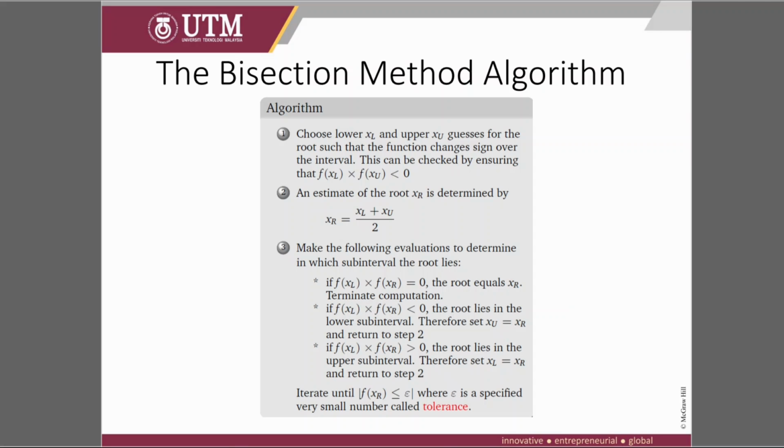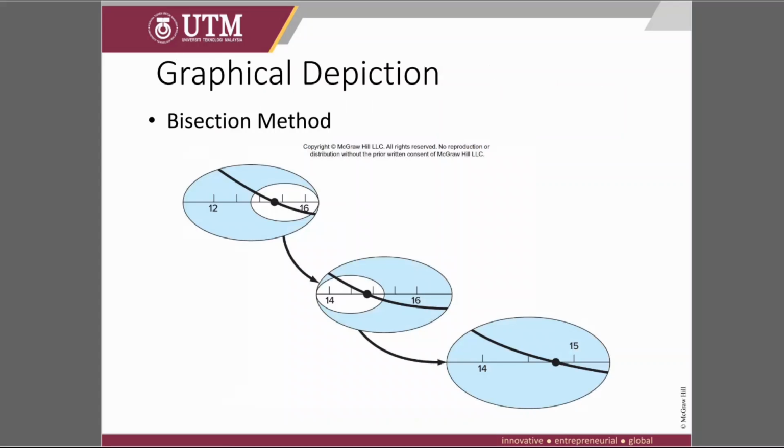We are going to talk about the bisection method algorithm. It has all this: choose x lower, x upper, and so on. I think you can read this. What I'm going to do is give you an example. We are going to use the bisection method for our falling parachutist example and see what the results are.